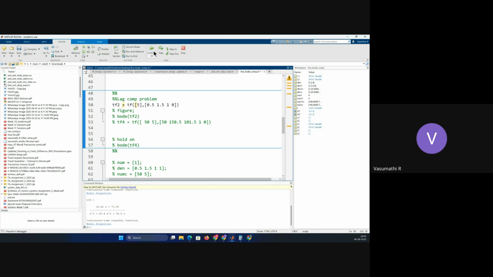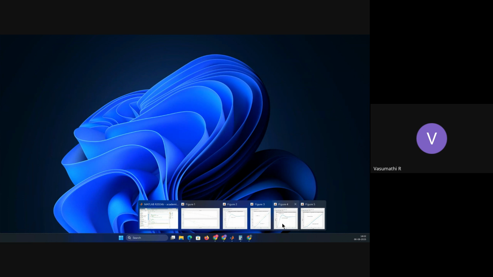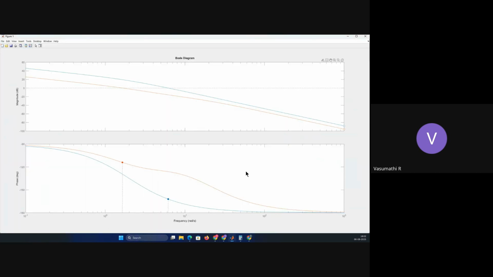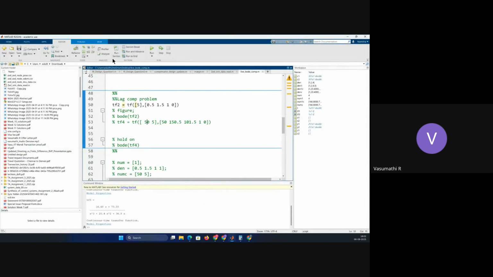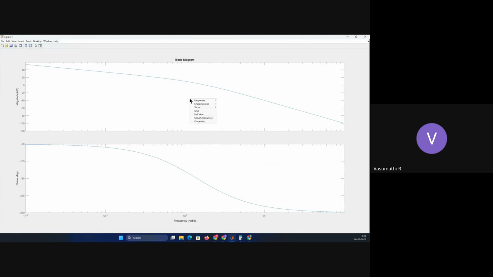Now when I plot this, this is the Bode plot of our uncompensated system. If you see, there is a gain margin here, the gain margin is minus 4.44.